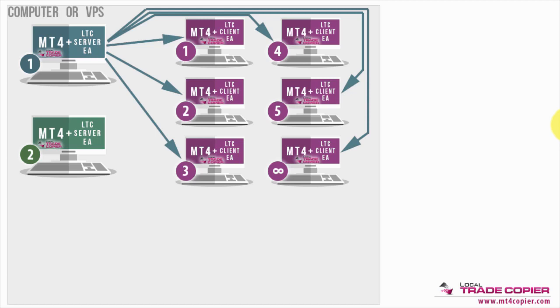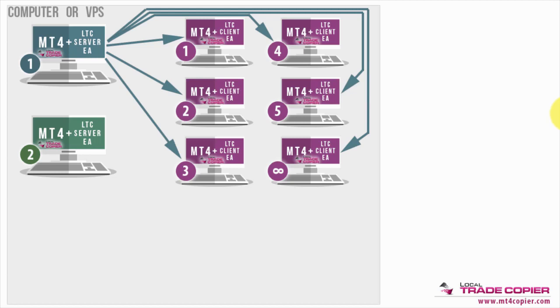So I got another server EA installed on this master account. The only thing I would need to change is the group for that server EA, to create another group of trades, another group of MetaTraders.